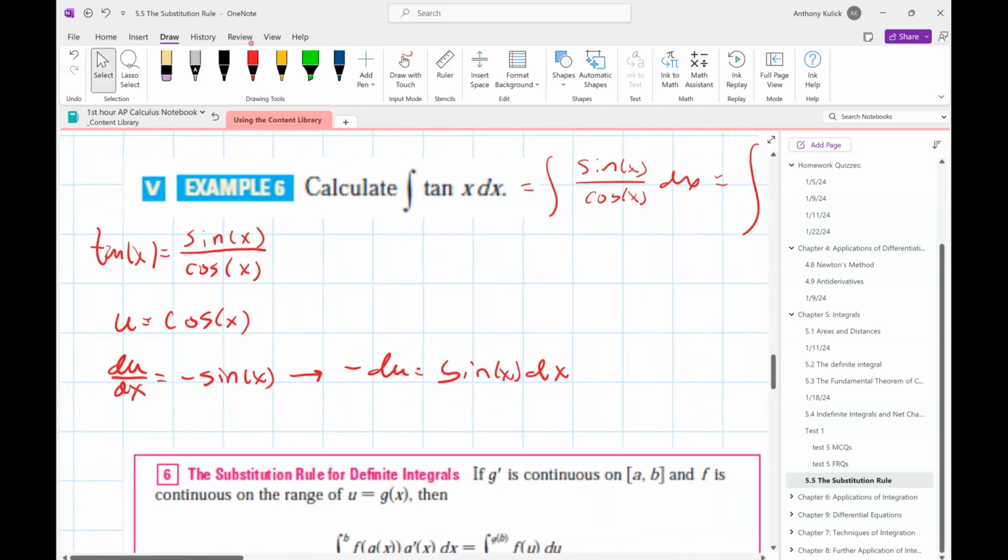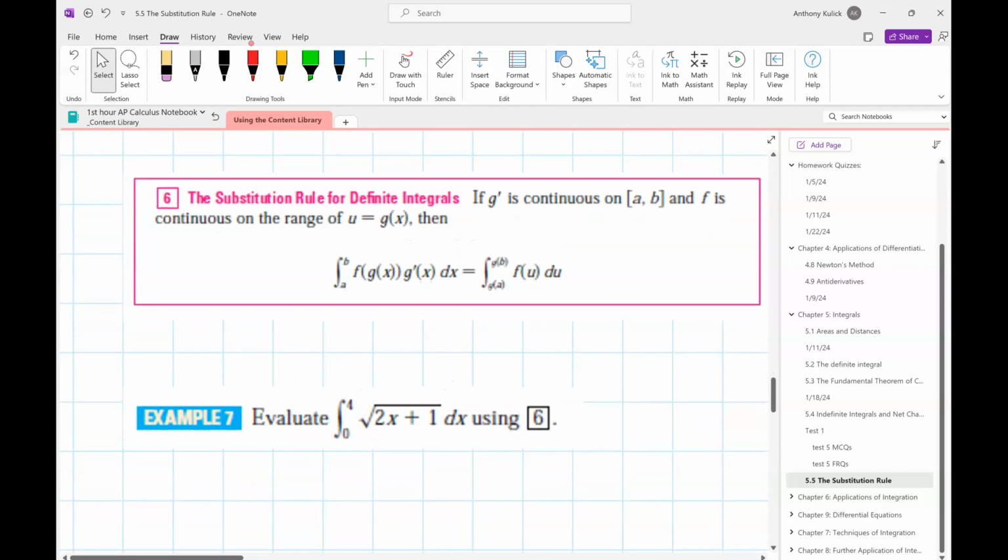All right. So the natural next question is, how does this change if I'm doing a definite integral instead of an indefinite integral? Because we're doing this substitution, and there's two different ways you could think about this. One way is you can do what we've been doing and plug our u back in and leave the bounds of integration the same.